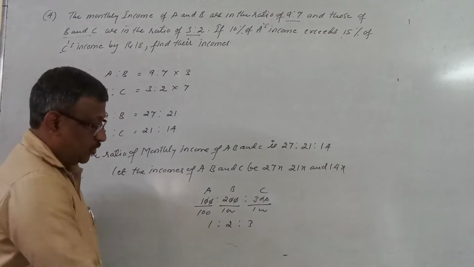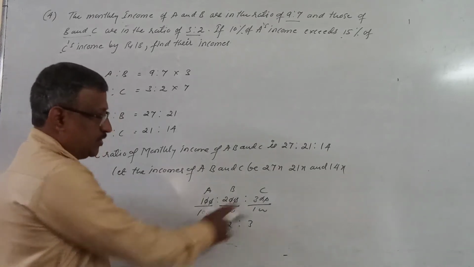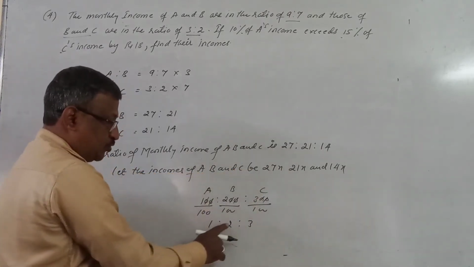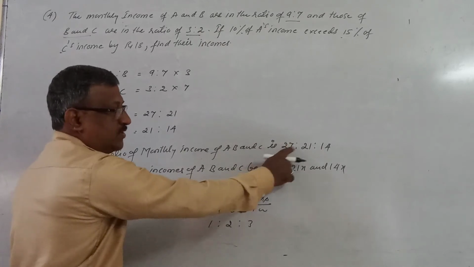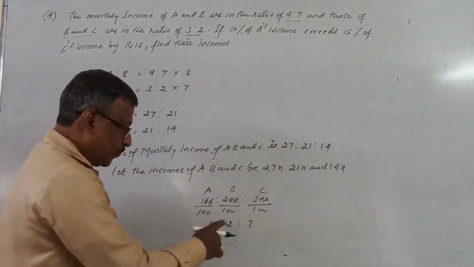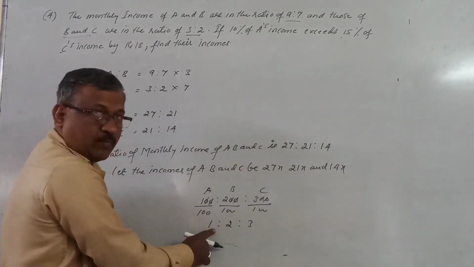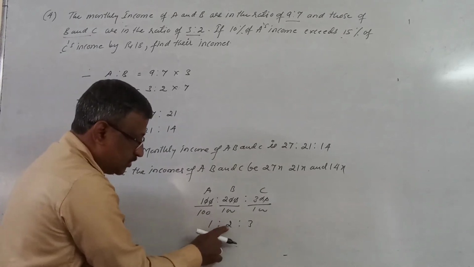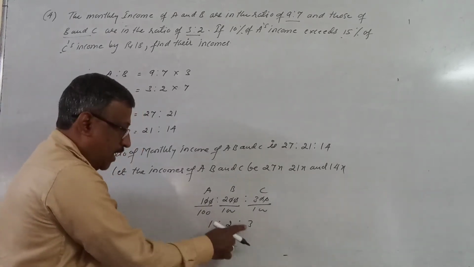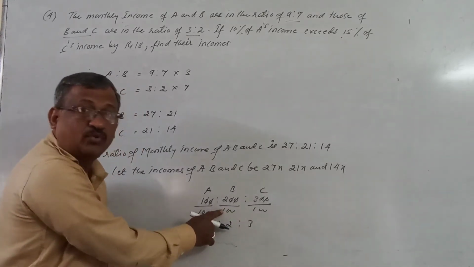So now we know 1 is to 2 is to 3, and here we have got 27 is to 21 is to 14. Now this ratio is known. If you know the number by which you divided to get this ratio, and you multiply all three terms by that number, we get the original income.